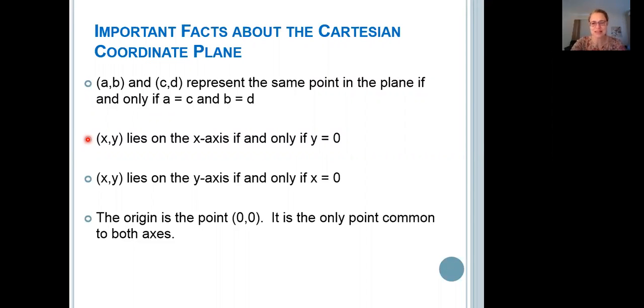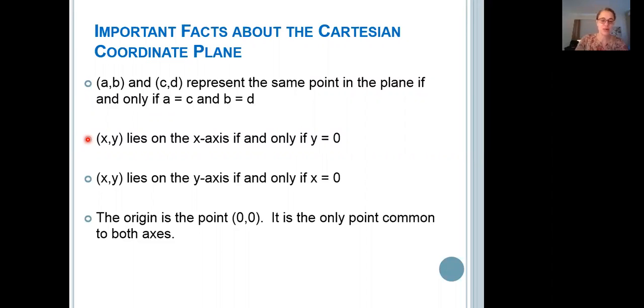We'll talk a lot more about this in a little bit, so don't worry about it too much. But what I need you to know is that any point on the x-axis has a y-coordinate of 0. That is by definition. There is no getting away from it. If we are looking for the x-intercept, y equals 0, because every point on the x-axis has a y-coordinate of 0.